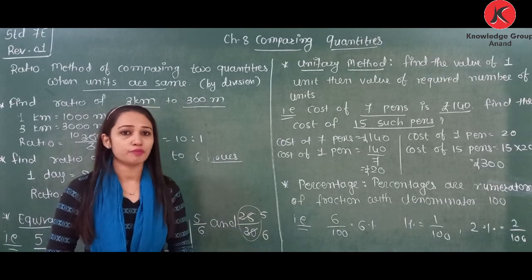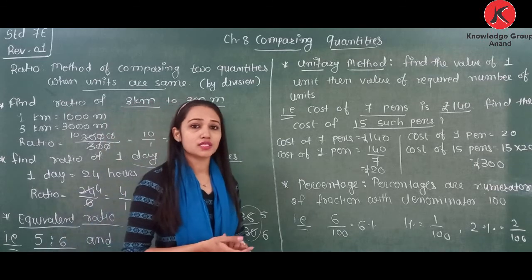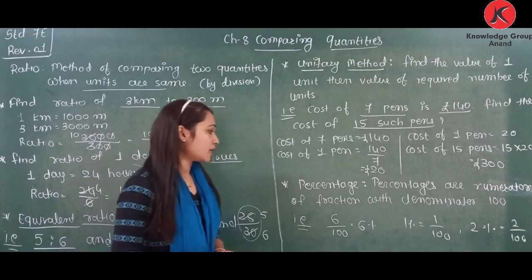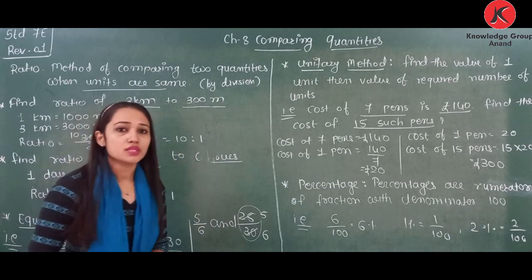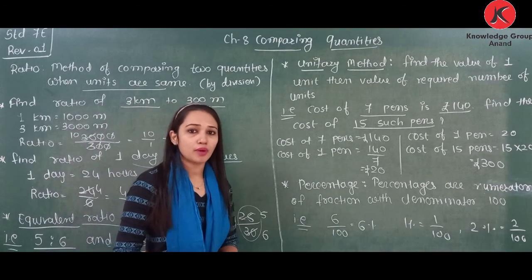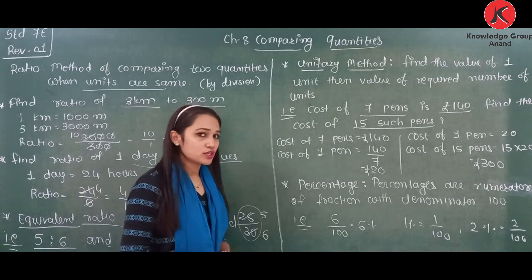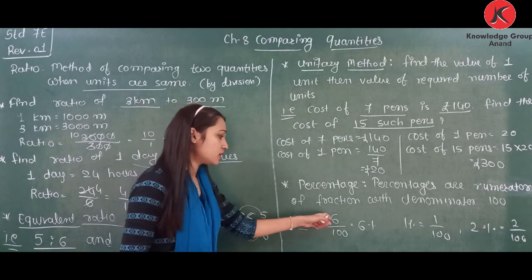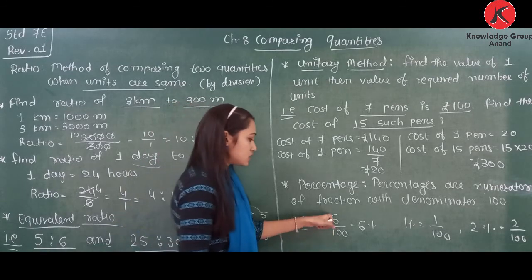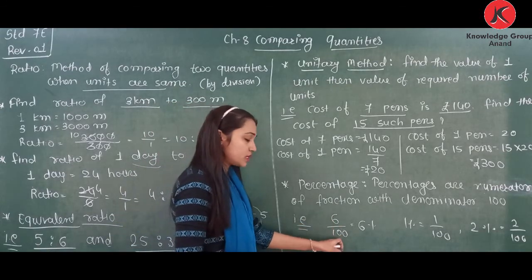Now next one. After that we learn about another method of comparing quantities, percentage. So the definition of percentage is, this can be asked as a fill in the blank: percentages are numerators of fractions with denominator 100. Percentage is always counted from 100. So it is a fraction, the numerator of a fraction when the denominator is 100. So if a fraction like 6 by 100 is given, you can see the denominator is 100.